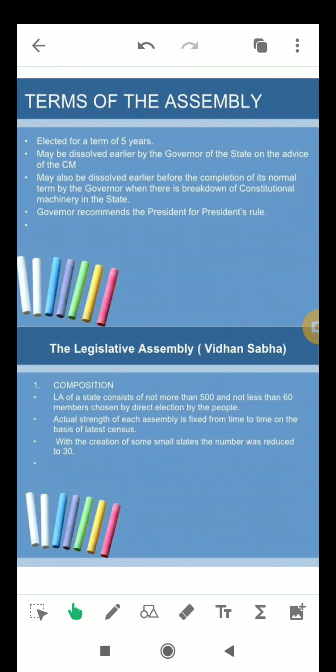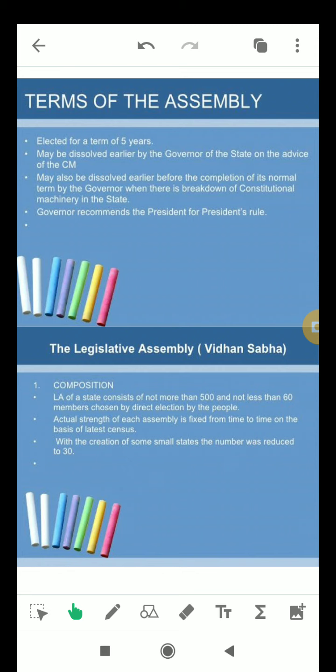Next is composition of the Vidhan Sabha or legislative assembly. The legislative assembly of a state consists of not more than 500 and not less than 60 members chosen by direct election by the people. The actual strength of each assembly is fixed from time to time on the basis of the latest census.